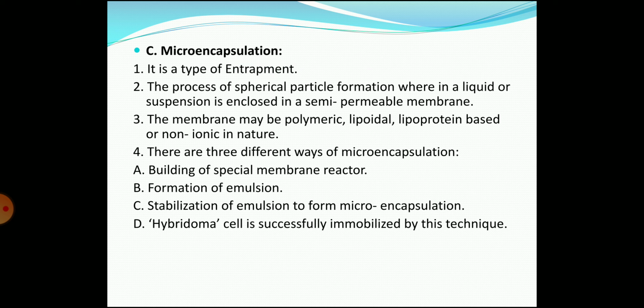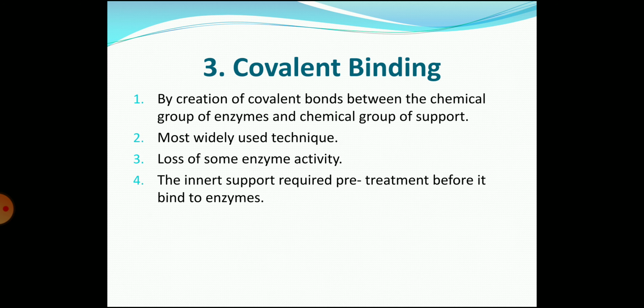The membrane may be polymeric, lipidic, lipoprotein based or non-ionic in nature. There are three different steps of microencapsulation. First one is building of a special membrane reactor. Second, formation of emulsion. Third one is stabilization of emulsion to form microcapsules. Fourth, hybridoma cells are successfully immobilized by this technique.